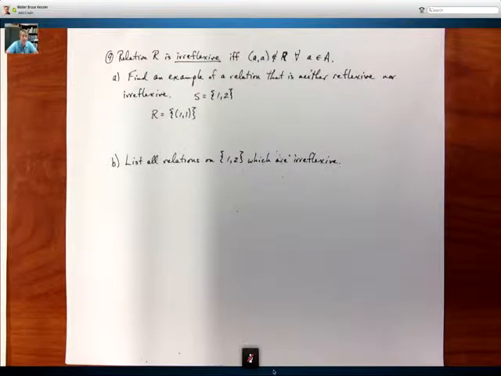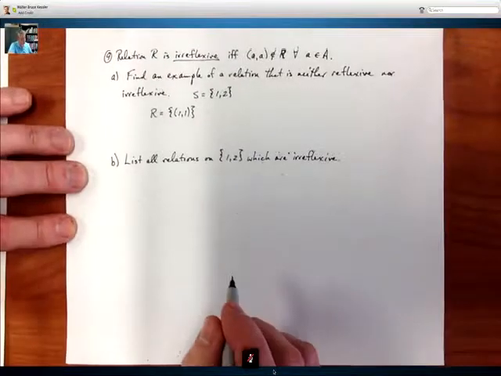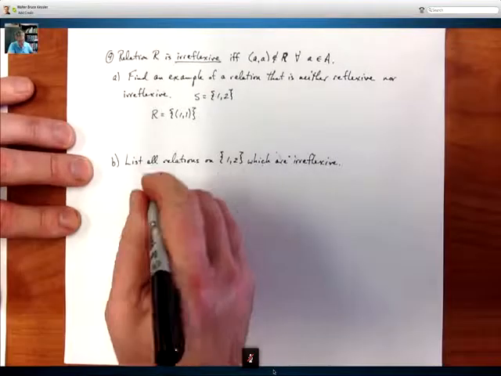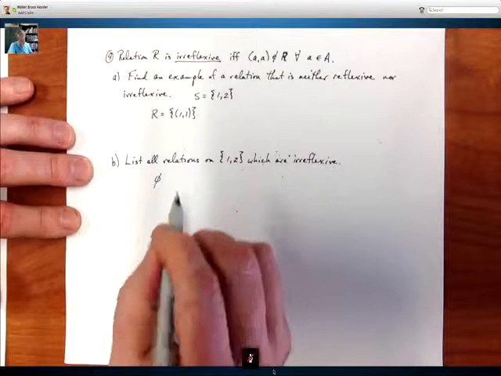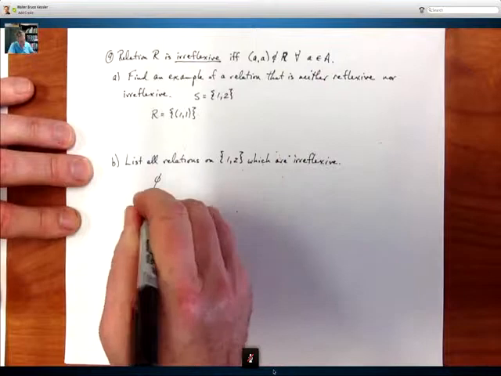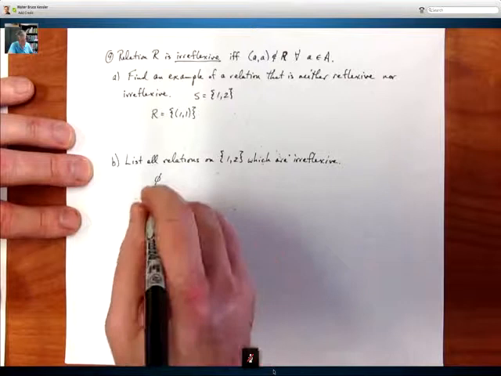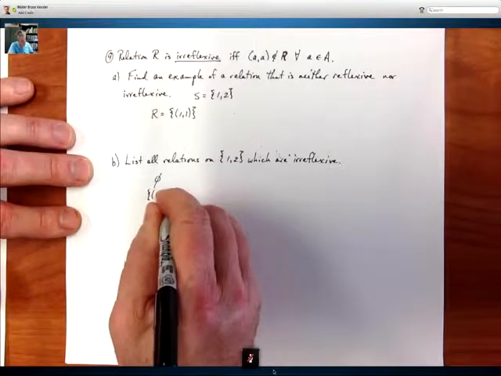Right? I've got 1, 1, but not 2, 2, so it's not reflexive. But I do have 1, 1, so it's not irreflexive. Okay? All right. And then B says list all the relations on this that are irreflexive. Well, clearly, if I got the empty set, I don't have any of my doubles. And then let's just go through and build ordered pairs that aren't doubles.